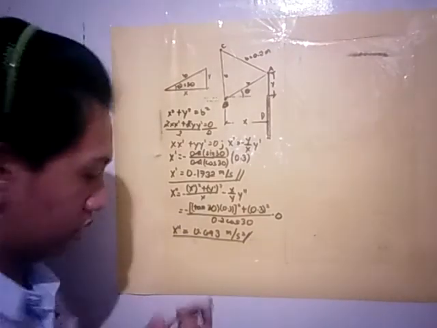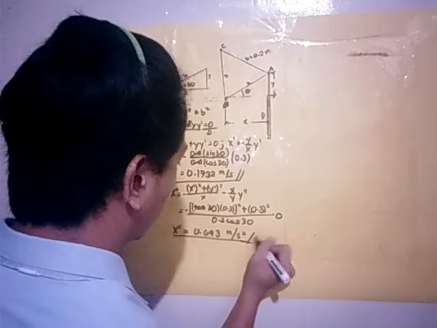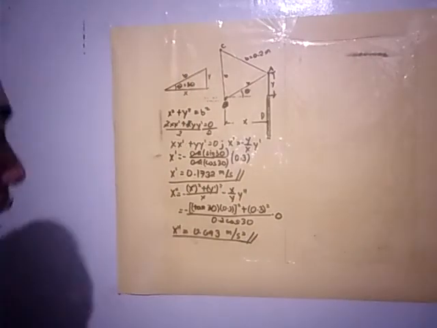So this is the acceleration at point B, or our roller.